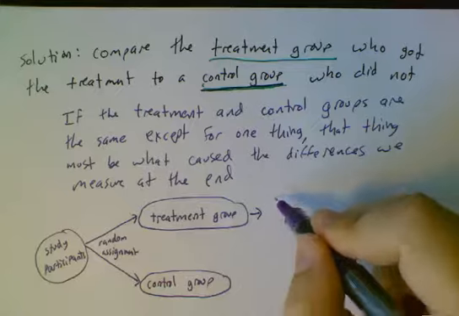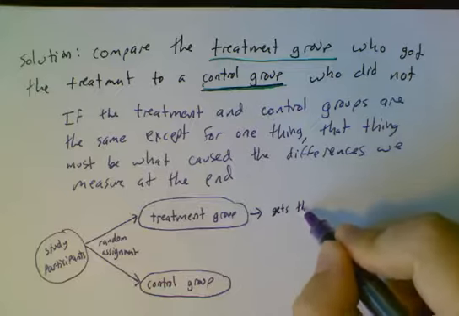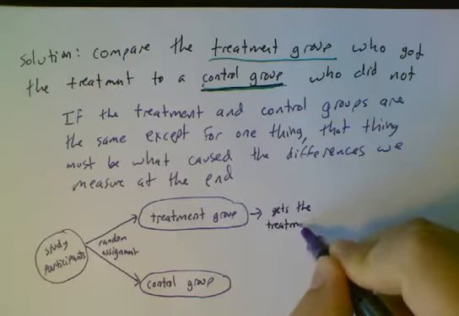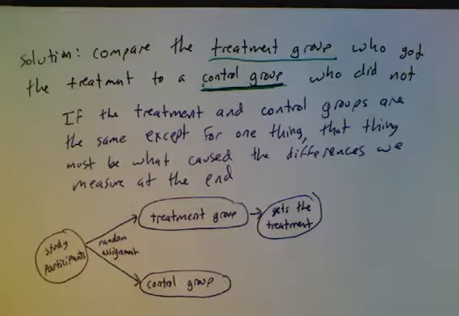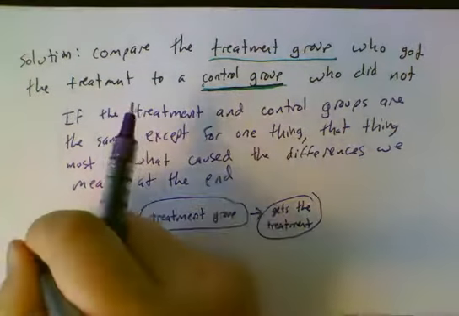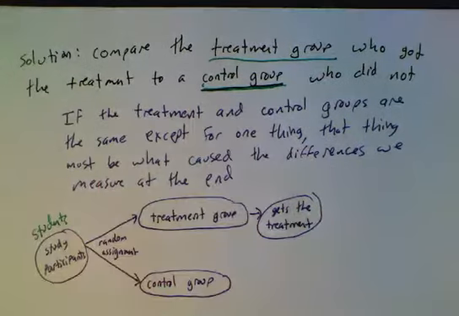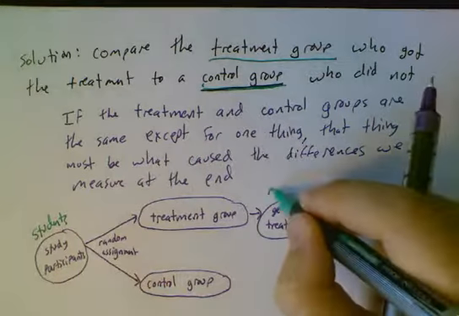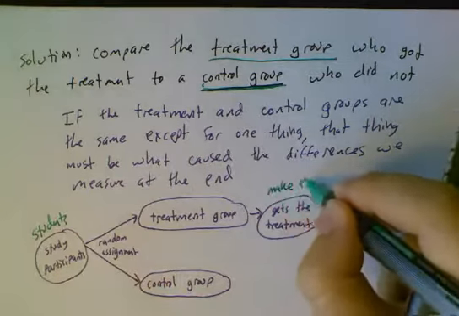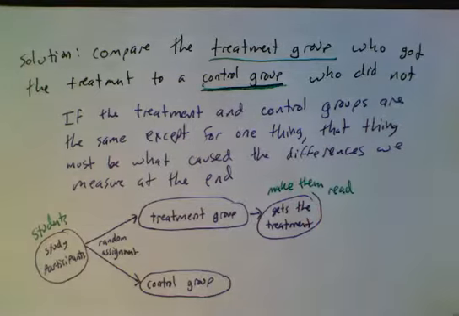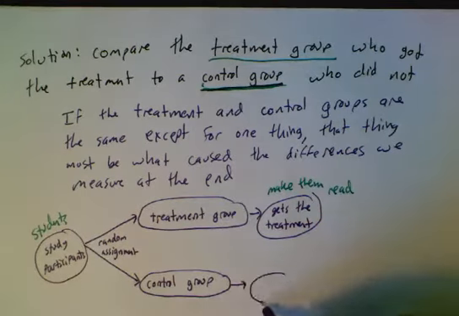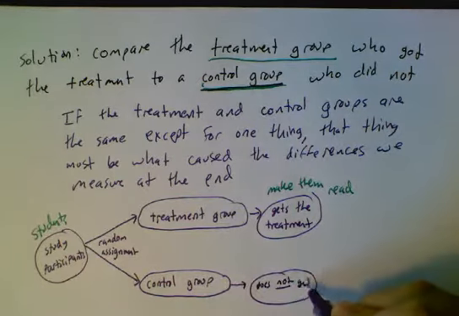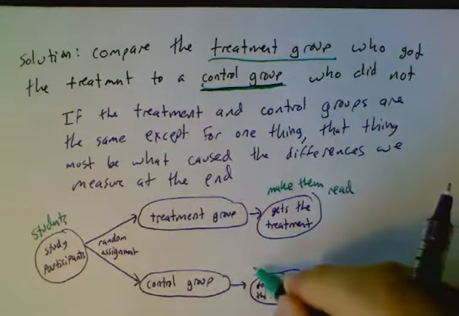And the treatment group, in this case, gets the treatment. So in this example, the study participants would be students, and the treatment group would be made to read. The control group does not get the treatment, so they don't have to read.